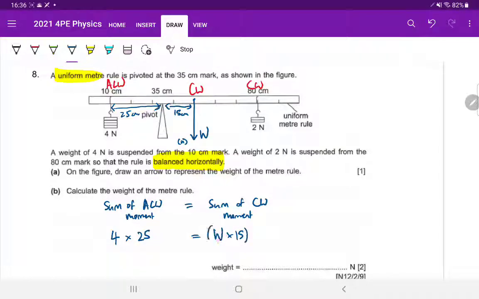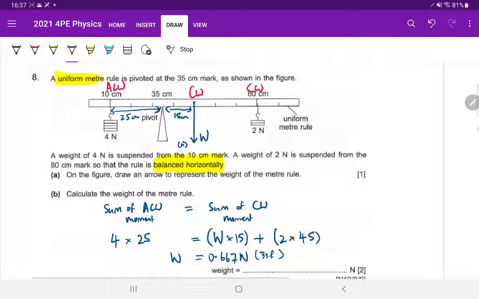My other clockwise moment is due to this force, so it's 2 newtons times the distance here, 80 minus 35, which gives me 45. So I just need to solve this mathematically, and I'm going to end up with weight equals 0.667 newtons, to 3 SF.